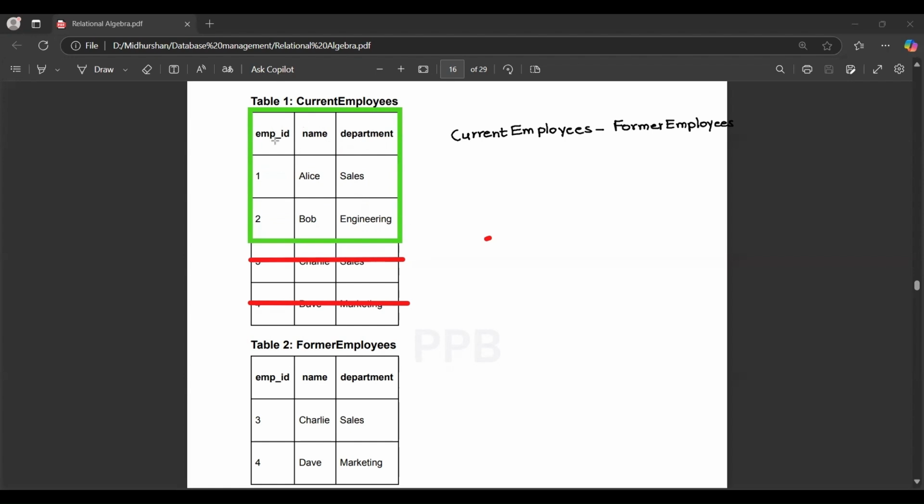Obviously we have the column names, but in relational algebra we can say that we have only two tuples remaining. The cardinality of the resulting relation is 2. So this is set difference. Set difference is not that much of a hassle. It's really easy to understand and do.